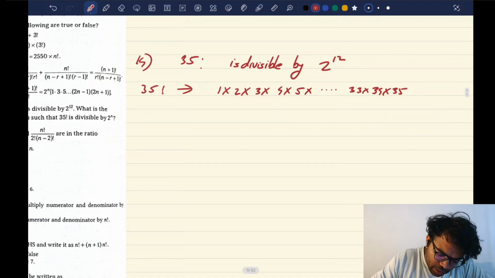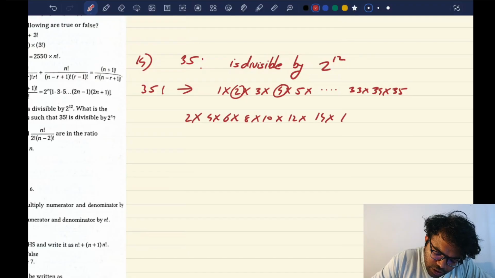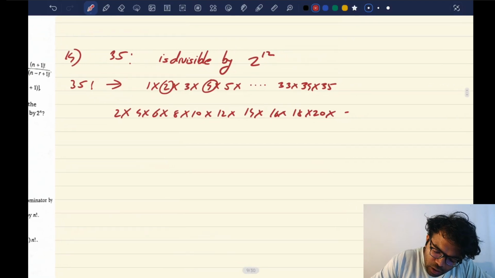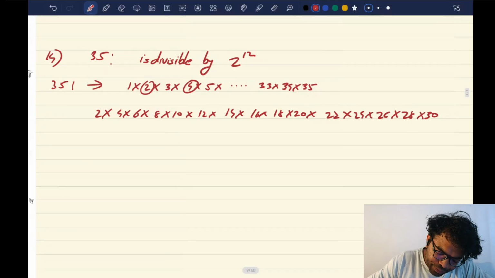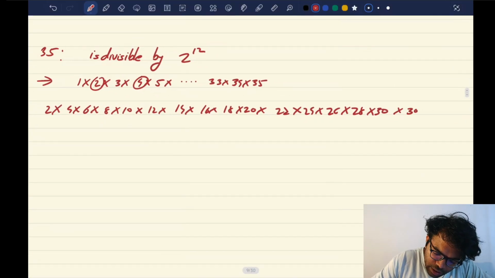So here what I'm going to do is take all the two terms together, all the even terms. 2 into 4 into 6 into 8 into 10 into 12 into 14 into 16 into 18 into 20 into 22 into 24 into 26 into 28 into 30 into 32 into 34.